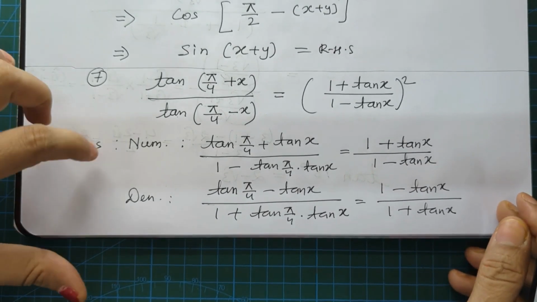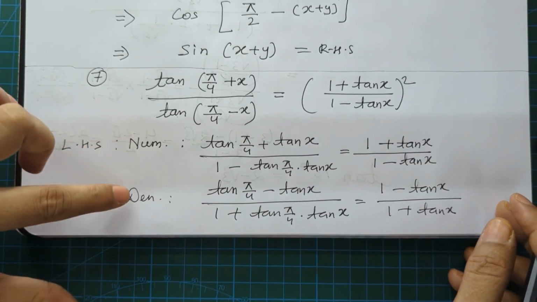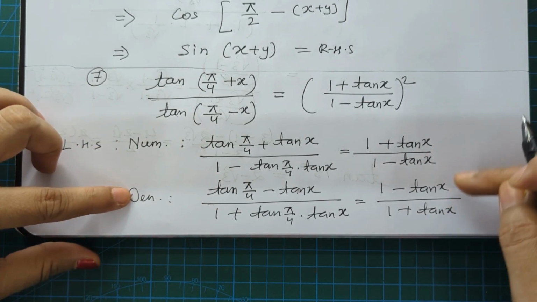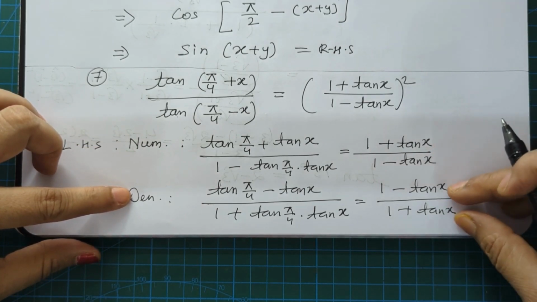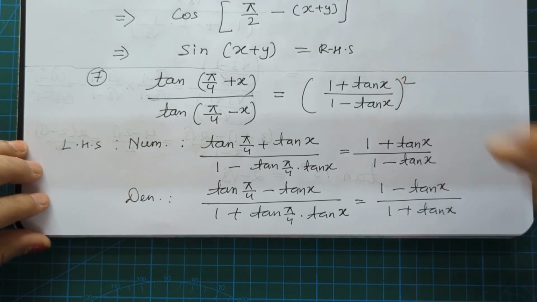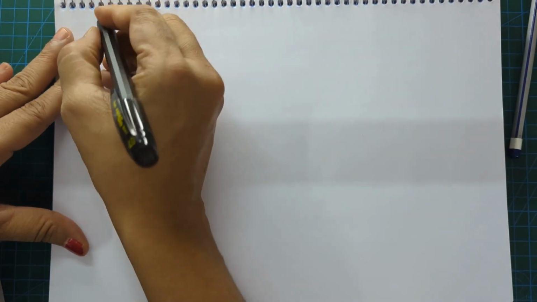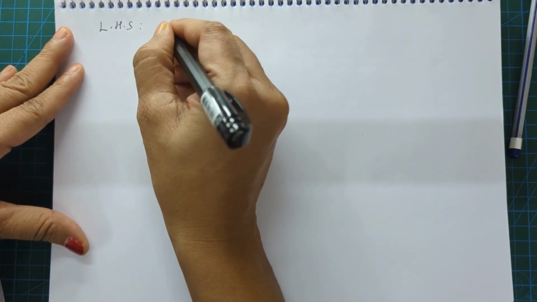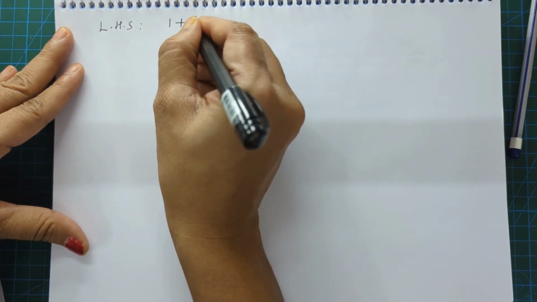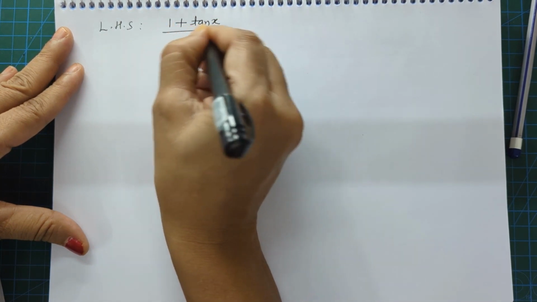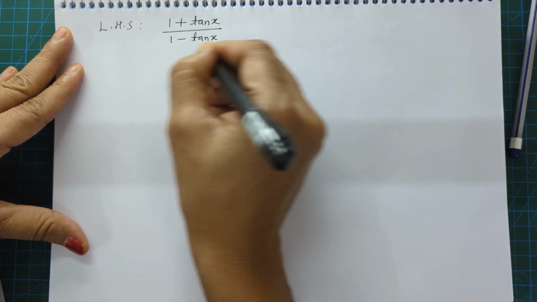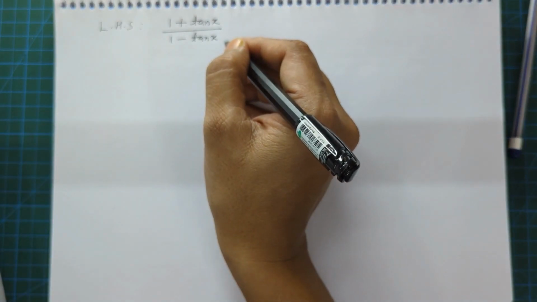Now in the left hand side we will divide the numerator by the denominator. That means this divided by this, which means this times the reciprocal of this, and we see whether we get the right hand side or not. Now the left hand side in fraction form is the numerator 1 plus tan x divided by 1 minus tan x, divided by 1 minus tan x by 1 plus tan x.